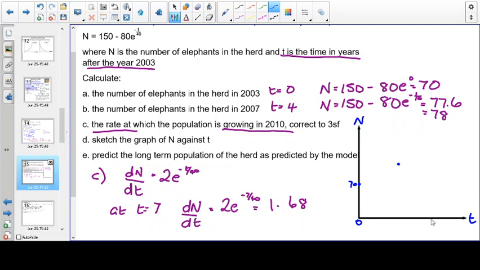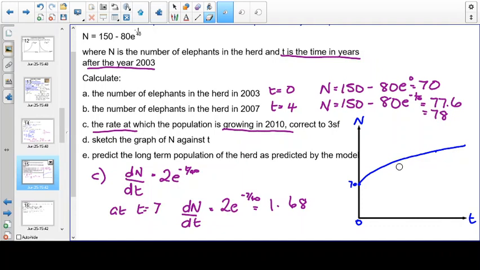Okay? Let's say when t equals 10, what's happening when t equals 10? Well, there'll be 150 minus 80 e to the minus a quarter, which is 88 nearly. Okay, so we're getting this sort of shape like that.